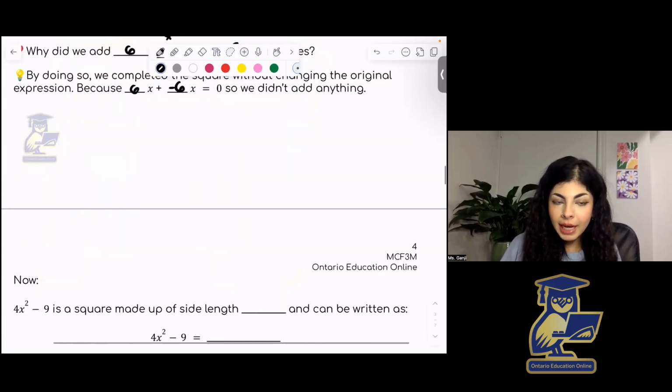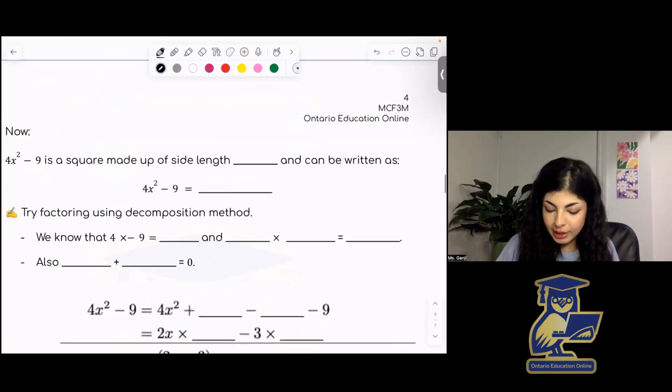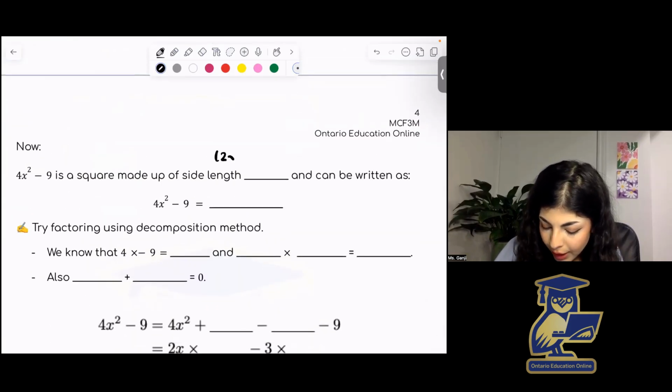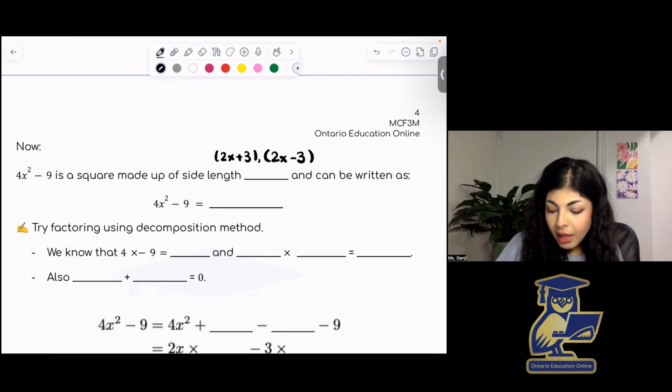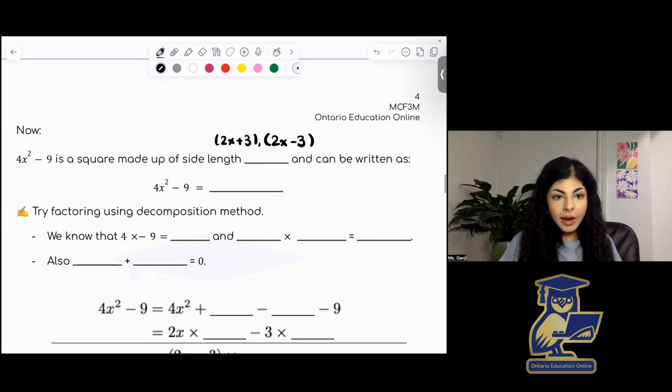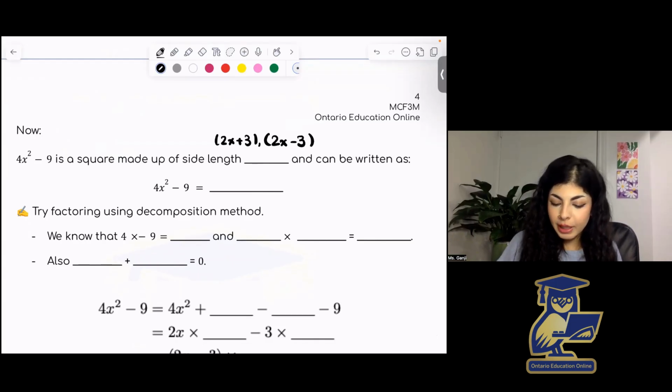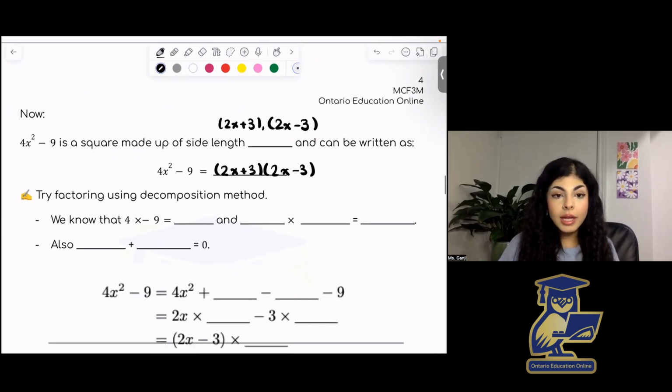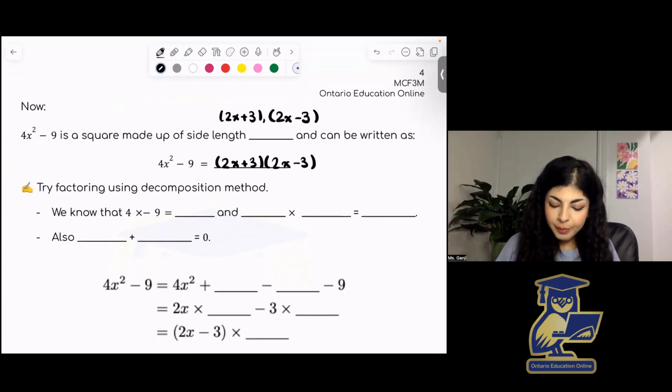And the positive and negative come from adding and subtracting the 6. So 2x plus 3 and 2x minus 3. And so the area, which was 4x squared minus 9, our expression to begin with, can be written as 2x plus 3, 2x minus 3, which is the product of the side lengths of the square.